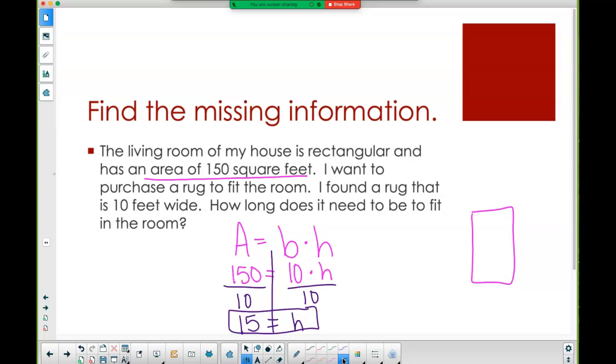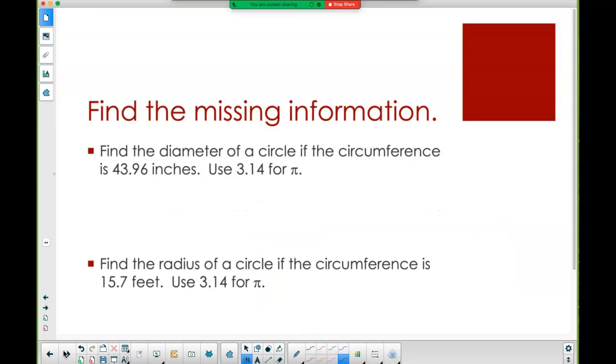Okay. All right, we've dealt with triangle, parallelogram, rectangle. Now let's talk about circles. Okay? So on this one, it says find the diameter of the circle if the circumference is 43.96 inches. Use 3.14 for pi. What formula should I start with?